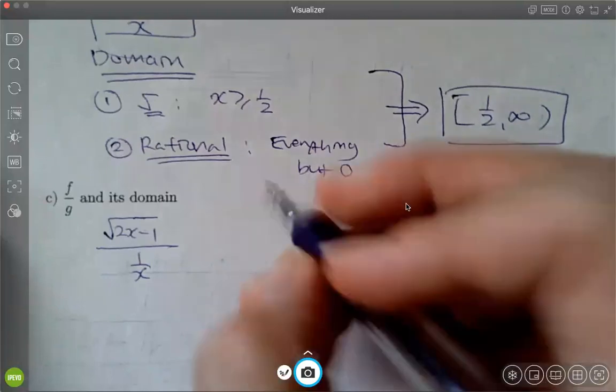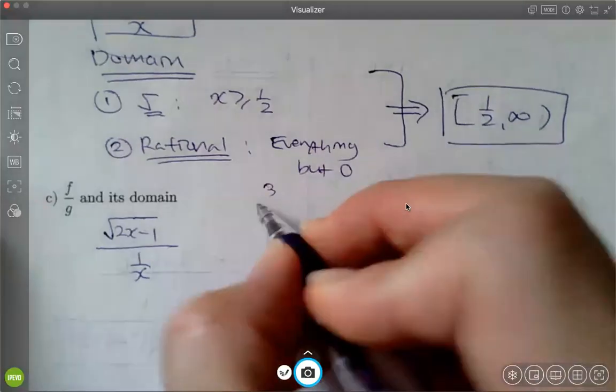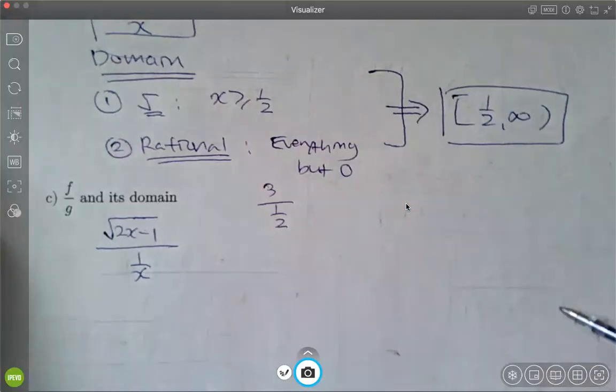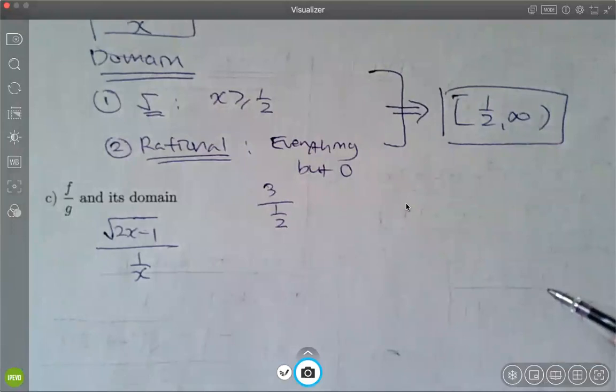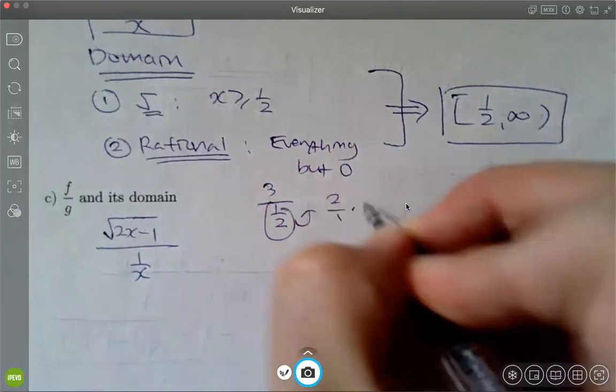So like, for example, if you have 3 over 1/2, how do you simplify this? You multiply 3 by something, but not 1/2. Do you flip the fraction? The bottom one, yes. Remember that? So you flip it, and then you multiply that to the top, right?